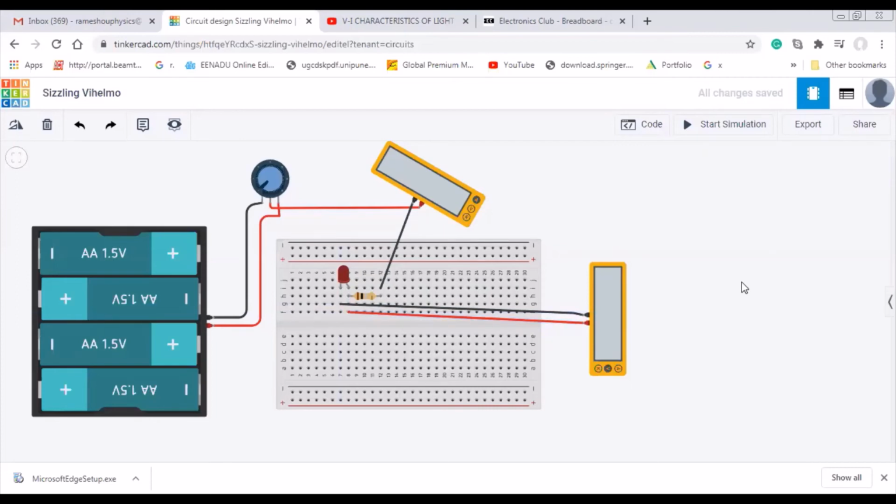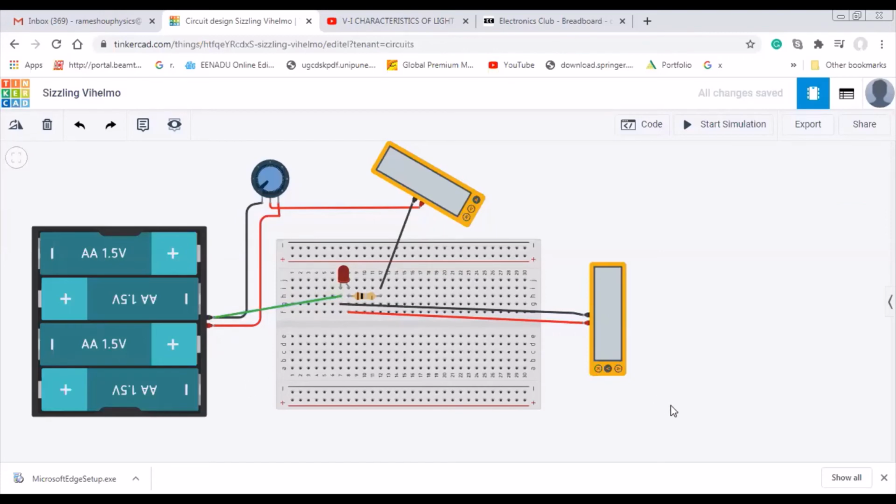And what we missed here in the circuit is that the LED negative and battery negative should connect with the negative terminal of the battery. So for this, I take the junction of both the LED and voltmeter and connect it to the negative terminal of the battery. Now the connections are over.